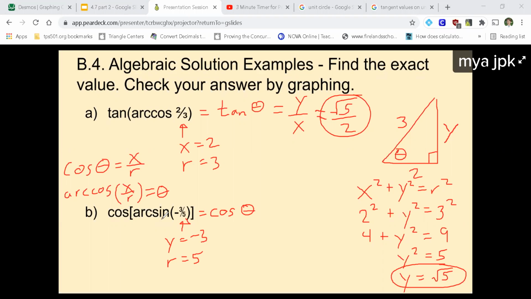And when I take the cosine of that angle, I will get the ratio of x over r. And again, I already know what r is. I just need to find x. And how do I do that? Pythagorean theorem.